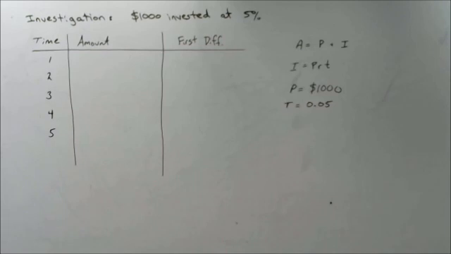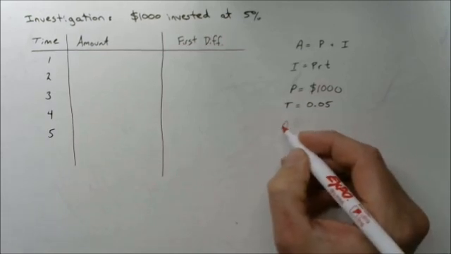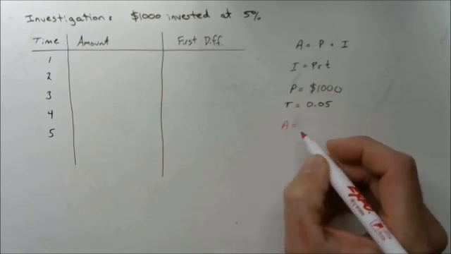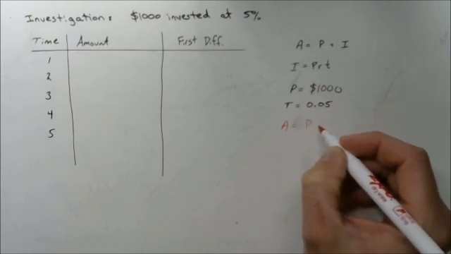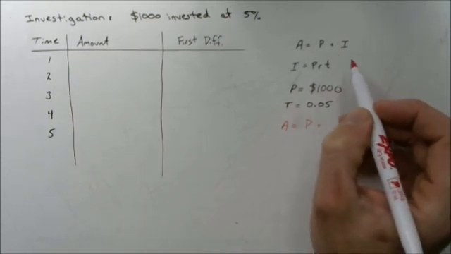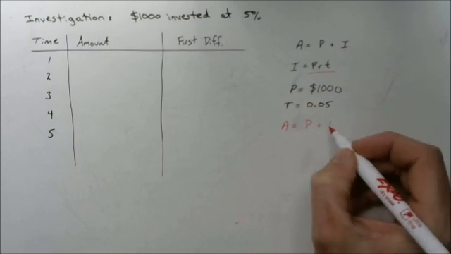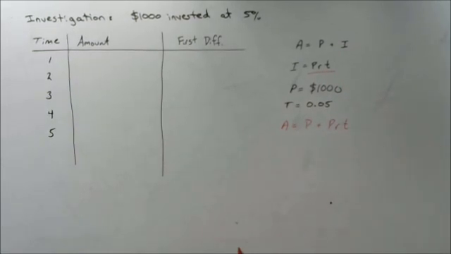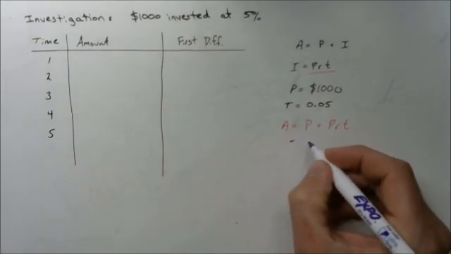Really what we're going to be doing is plugging it all into this amount formula, which could be the principal that we're starting with, plus I, but instead of I, I'm just going to put in PRT, because those are all the variables that we know already, okay? So let's put a 1,000 in there for a principal.